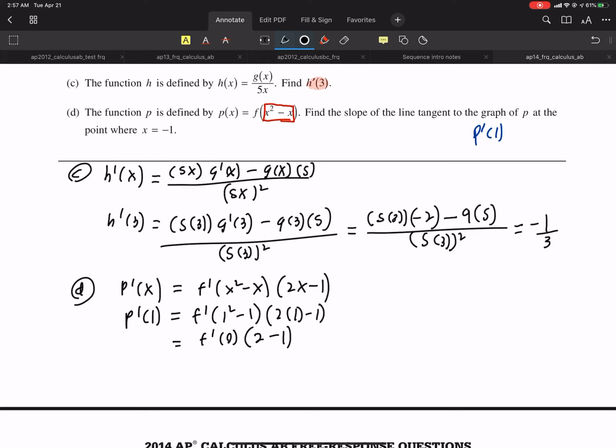I get f prime at 0, 2 minus 1. I know it's tempting just to write a 1 there, but I'm not going to do it. Uh-oh, I think I messed up. Is it -1? What's going on? Oh, it's -1. -1 squared.